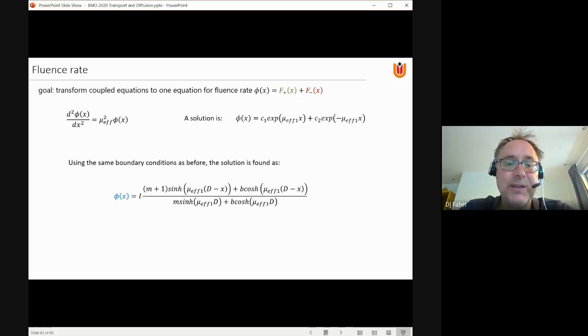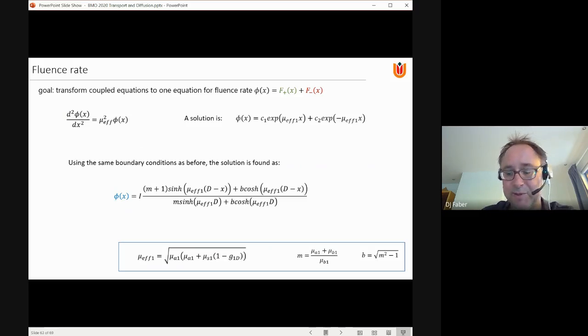And then the result is again such an expression in terms of these hyperbolic functions, again with a denominator that is constant, and in the numerator we have something that depends on position. And just as a refresher, this is what the parameters appearing in this formula are.